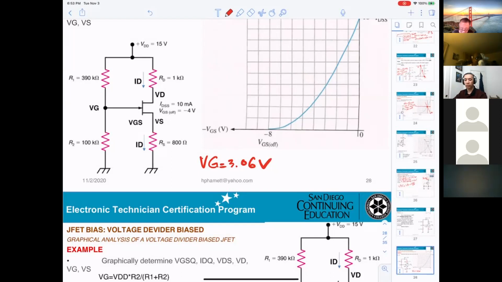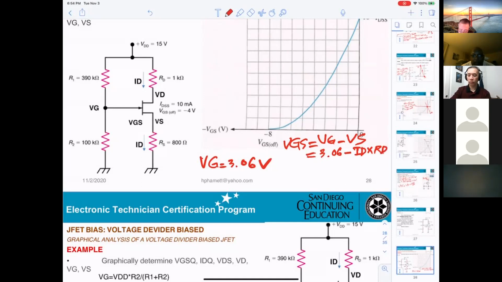Tell me what VGS equals. VG minus VS. Correct? Yes, sir. Okay, then that will be VG, 3.06, minus VS, which equals ID times RD.